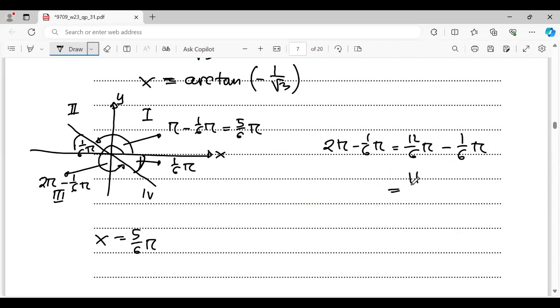It is 11 over 6 pi. So x equals 5 over 6 pi and 11 over 6 pi.